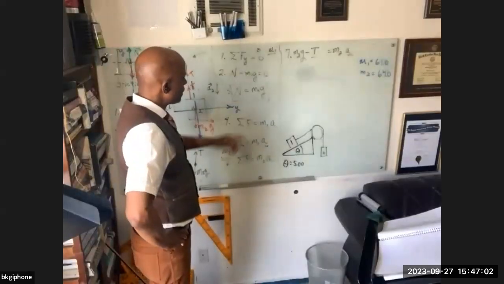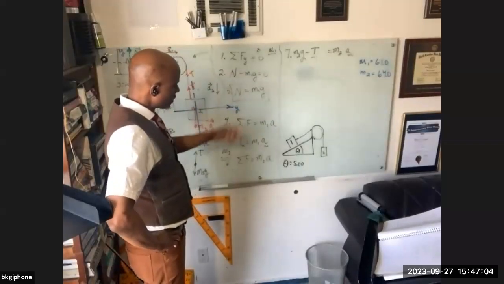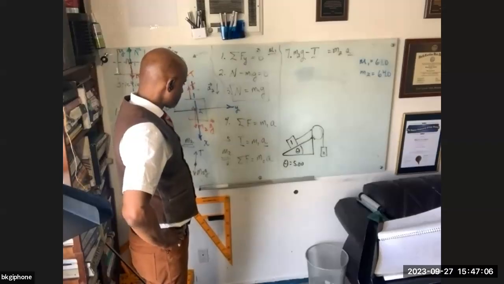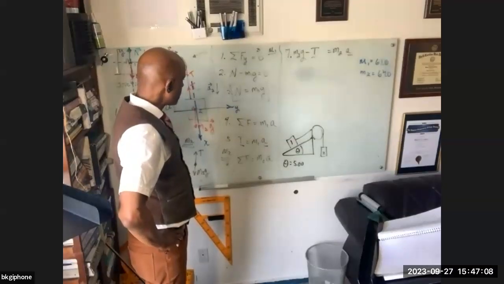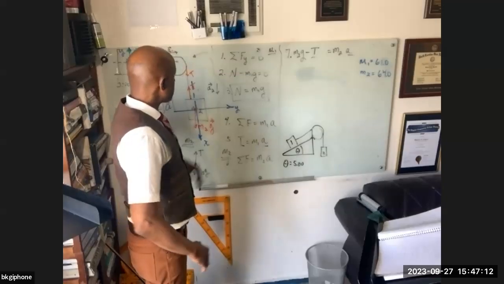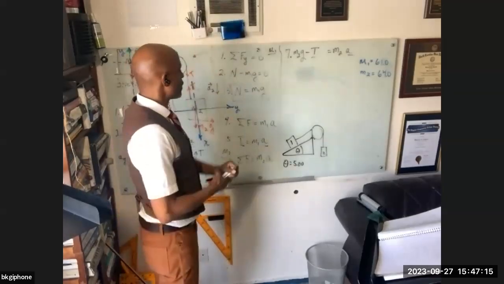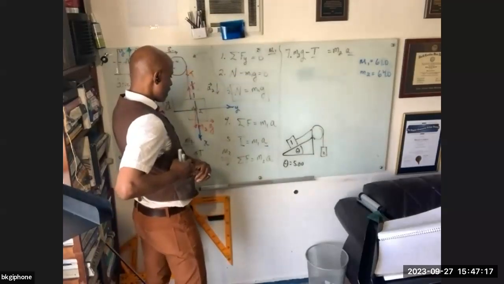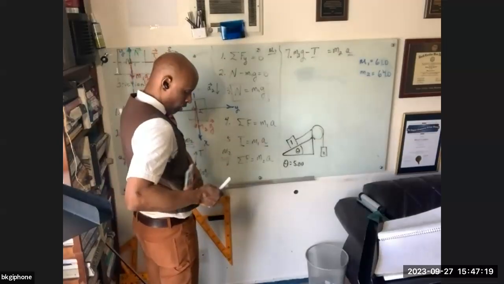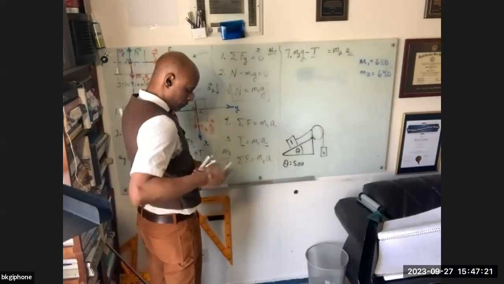All right. So we were getting the tension and acceleration. Well, this is pretty straightforward. We're going to eliminate one of the variables between equations 5 and 7.